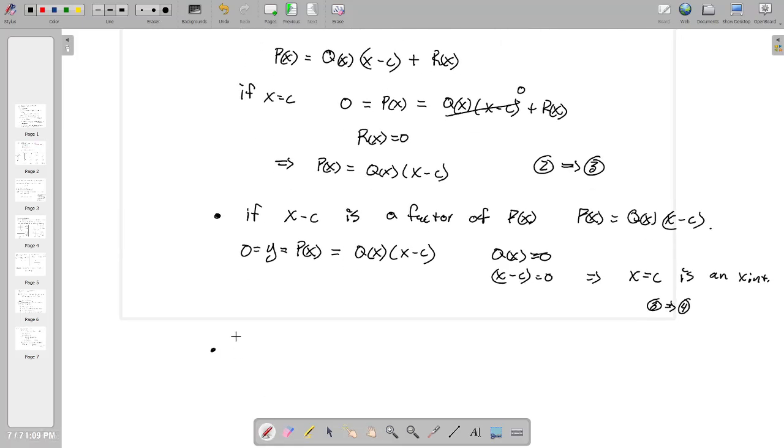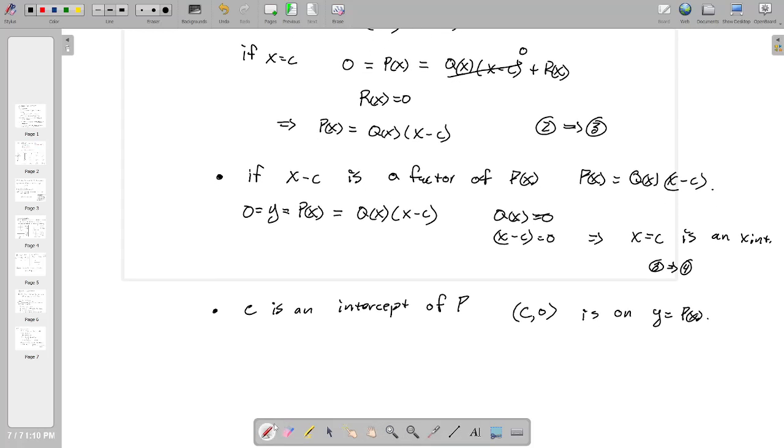And then we just need to show that 4 implies 1. So we start with the assumption that c is an intercept of p, which means that c, 0 is on the curve. So what we have here is that when x is c, then y is 0.